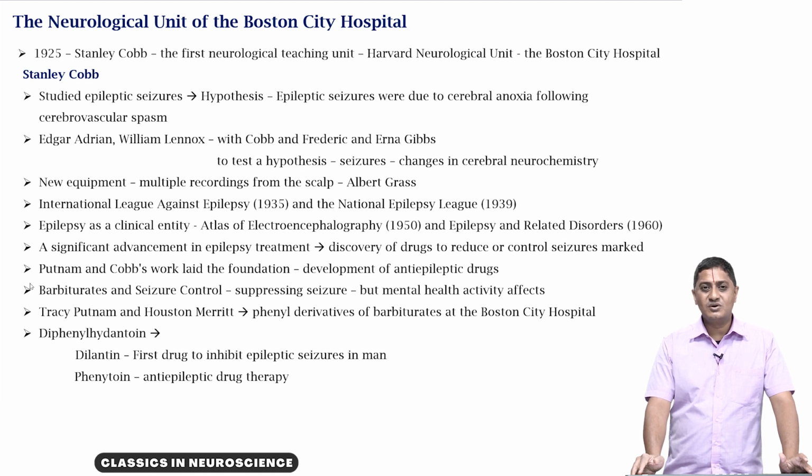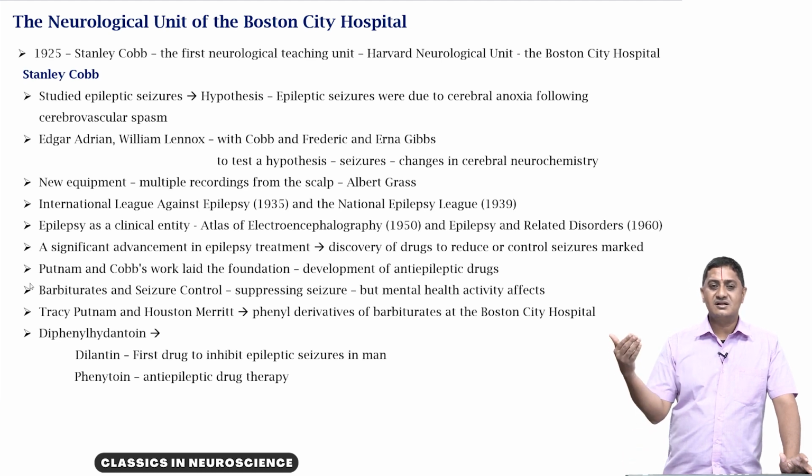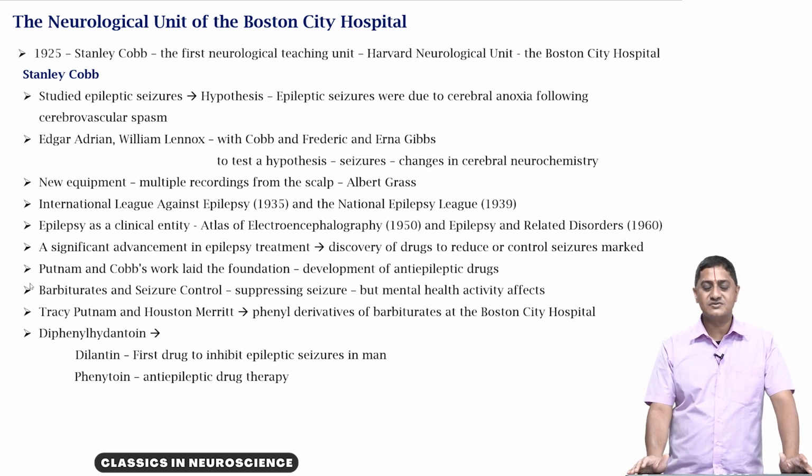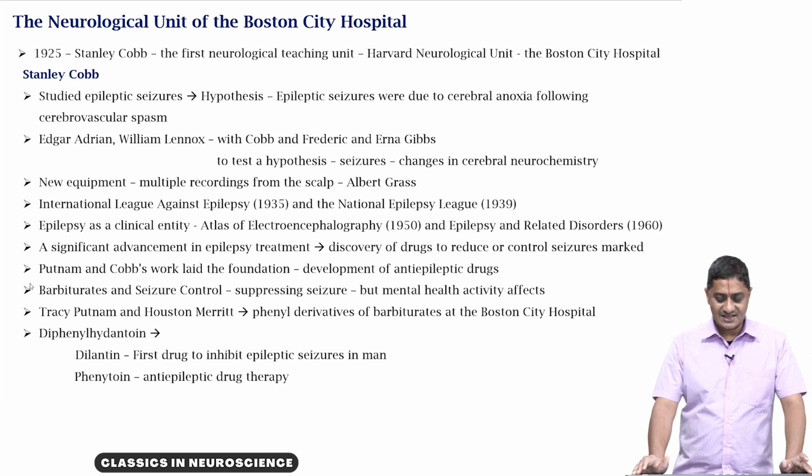The only way was that the trace of the EEG would be going on an oscilloscope and people would be recording it using a camera. This was also the Grass camera. It came to be called a Grass camera in the good old days.